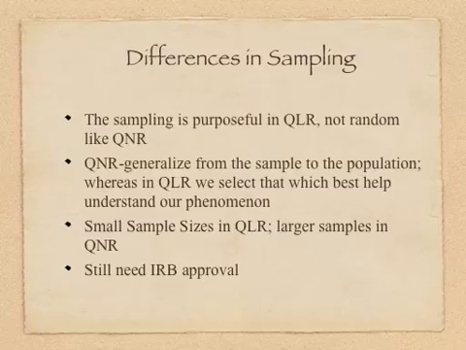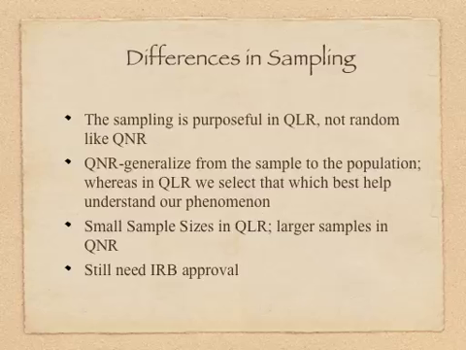One of the big differences I found between qualitative and quantitative was in the sampling. In qualitative research, the sampling is very purposeful and not random like in quantitative. So for example, in my study, I wanted to look at the effects of writing on female community college basketball players. So it was very small and purposeful.